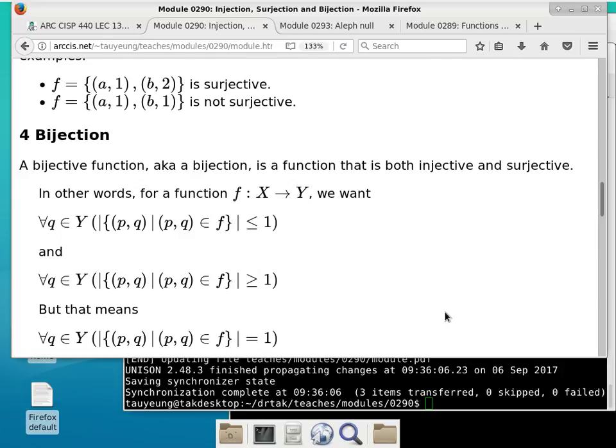So what if I make a conjunction out of these two? Well, if it has to be less than or equal to 1 and greater than or equal to 1, it equals 1, right? And you might think, oh, but that is the definition of being a function. No, almost. Because when we define what a function is, we are not looking from the perspective of the codomain.